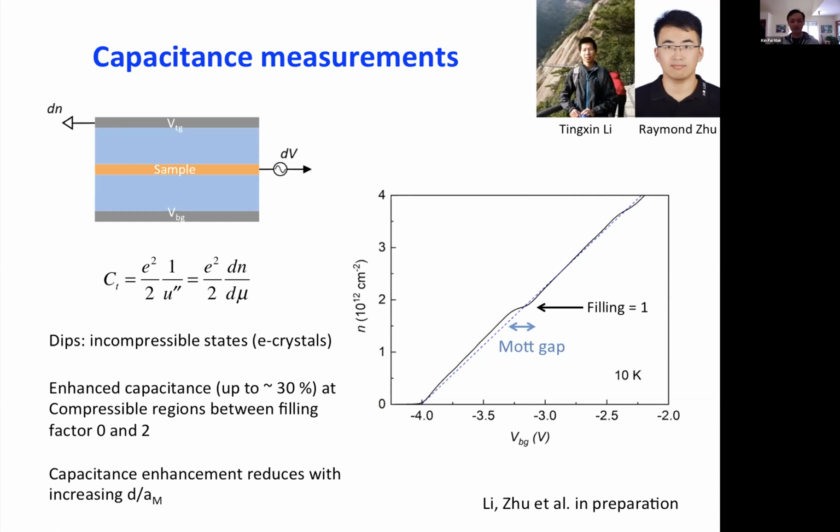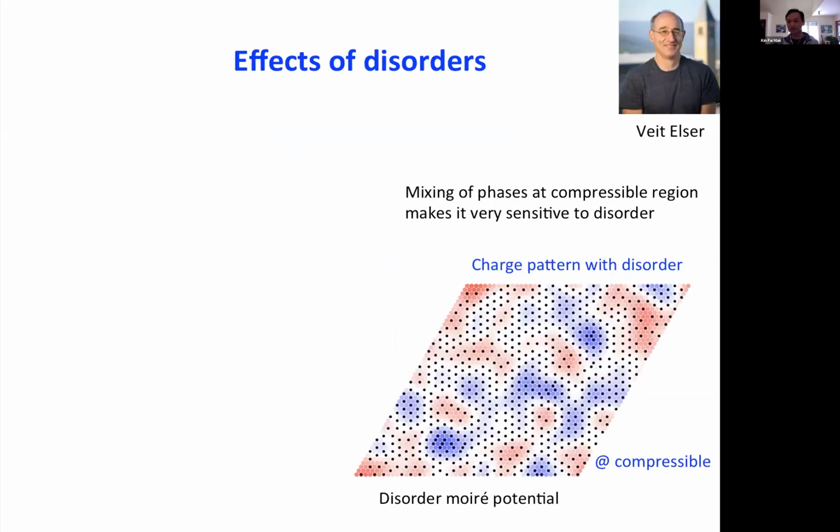To explain the discrepancy between this measurement and the expectation for a simple perfect crystal, White introduced disorder into the system. We still have a moiré lattice, but on top of the moiré lattice, he included a smooth variation in the potential, a random potential.